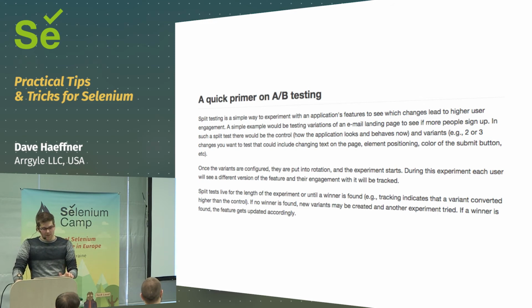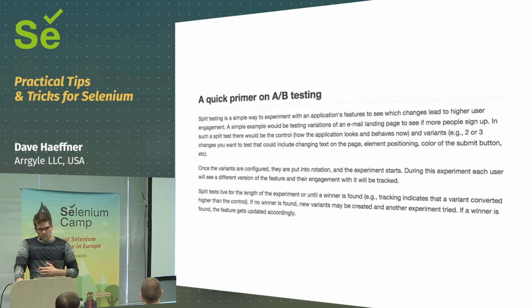Once the variants are configured, they're put into rotation, into view of public use, and the experiment starts. During this experiment, each user is going to see a different version when they load the page of this feature, and everything they do on that page will be tracked. These experiments will live for a length that you predefine, or until a winner is found.